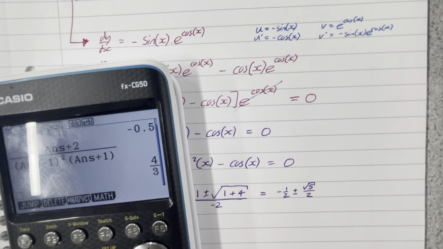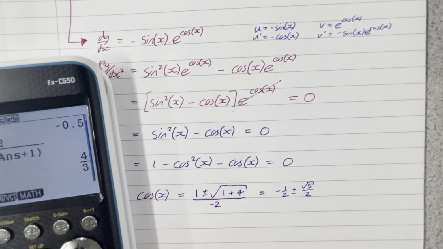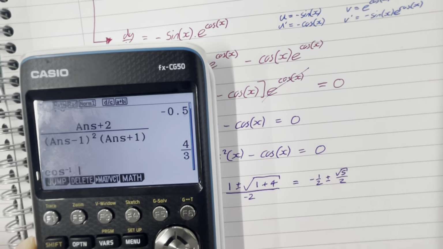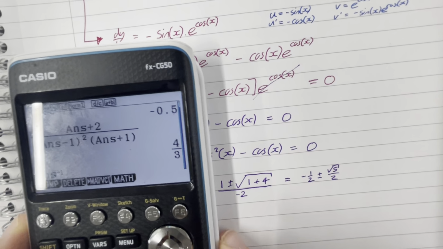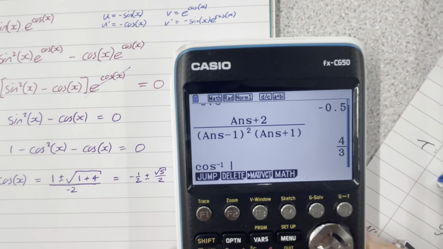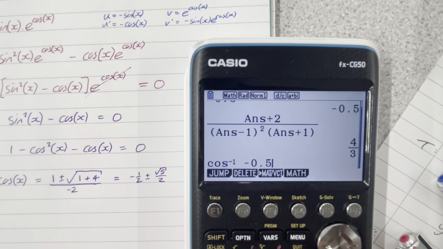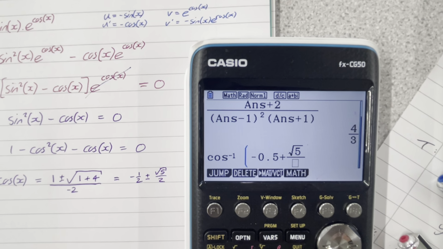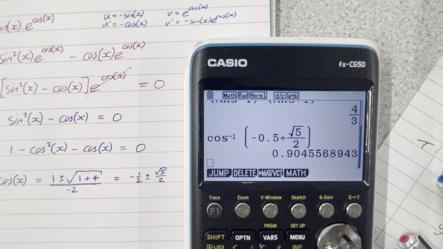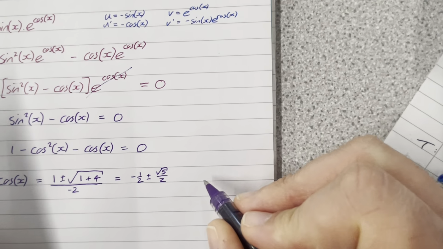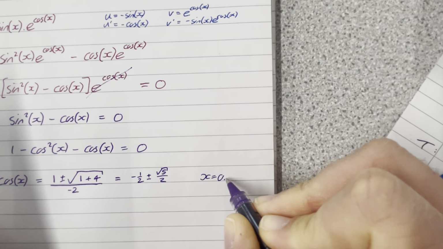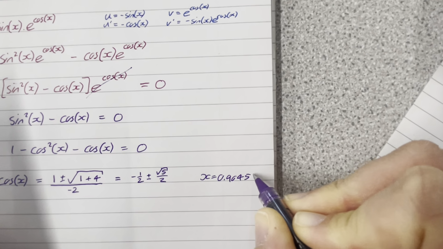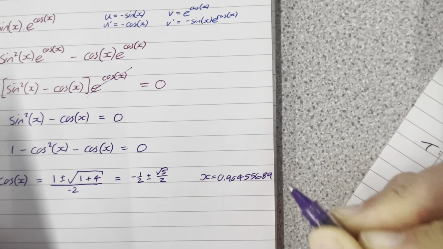So if I punch in arc cos, make sure you're in radian mode, so arc cos of minus a half plus root 5 over 2, is 0.9045569.